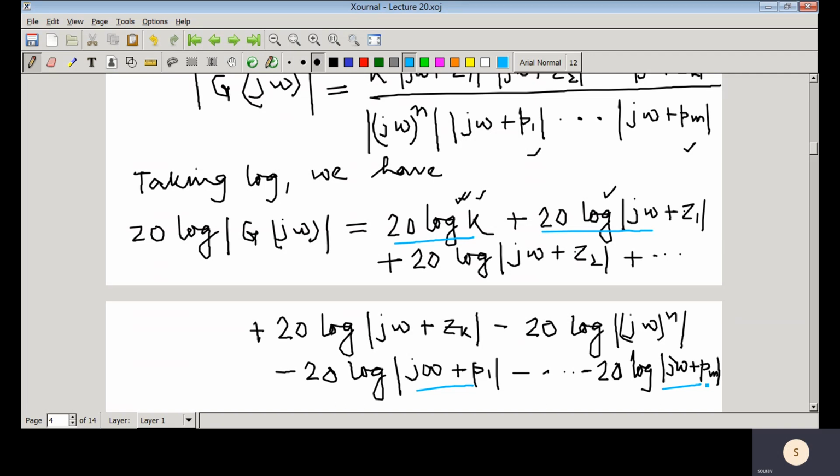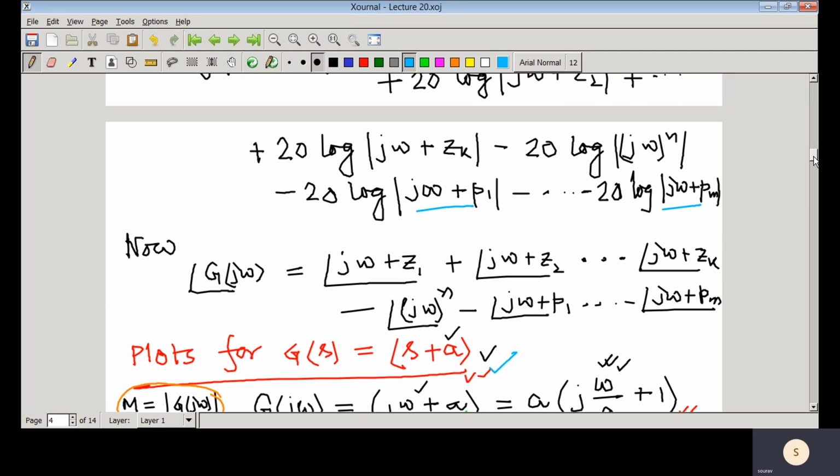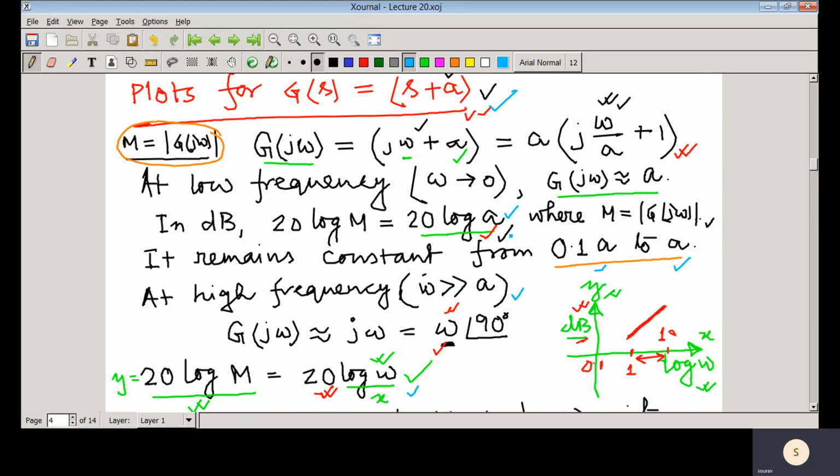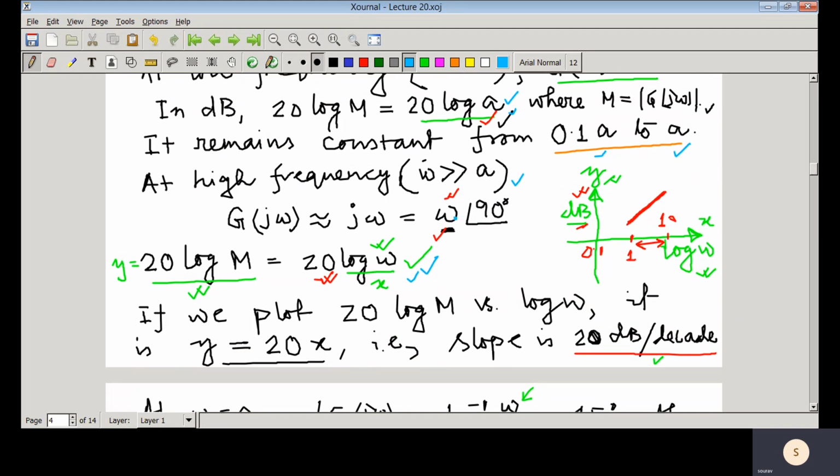Now for factors like s plus a, at low frequency the asymptote would be 20 log a, and at high frequency the slope is 20 dB per decade. At high frequency the angle becomes 90 degrees, and the slope of the angle would be 45 degrees per decade.